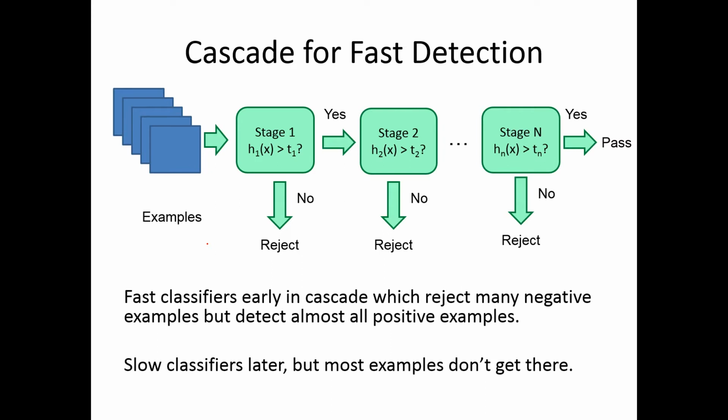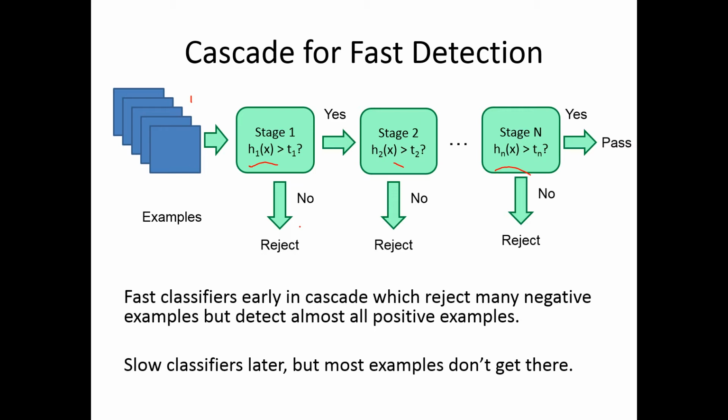This slide illustrates better what I just said. You can have multiple stages. Remember, each of these weak learners has a threshold. When a new image comes in, you go through the first stage. If everything is rejected, you can just stop there.